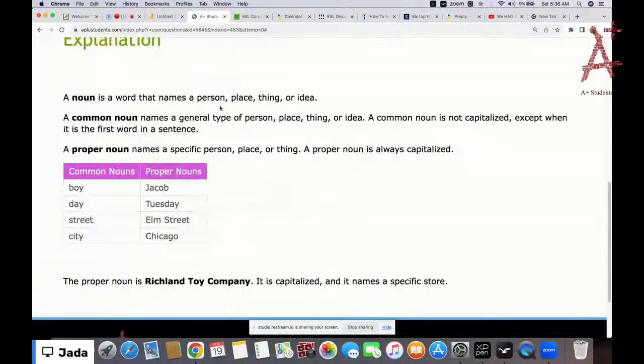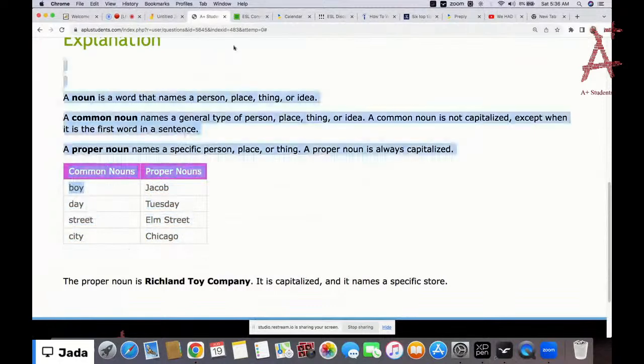So when you're asked to find the proper noun, it's going to be in capital letter. So look at it here. And a common noun is going to be in small letters, okay? So that's the difference.